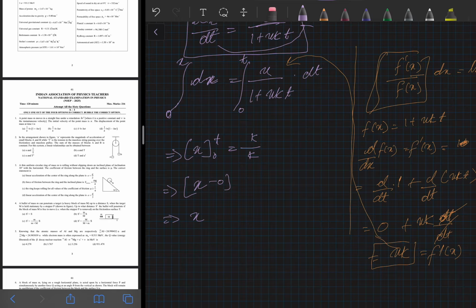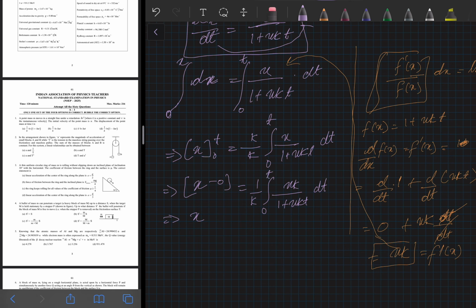The equation is exactly the same, but with some rearrangement we can make it work. What we have done in the first step is multiply and divide the right hand side by k. Now the numerator I'm going to move inside: 1 by k times uk plus ukt dt.